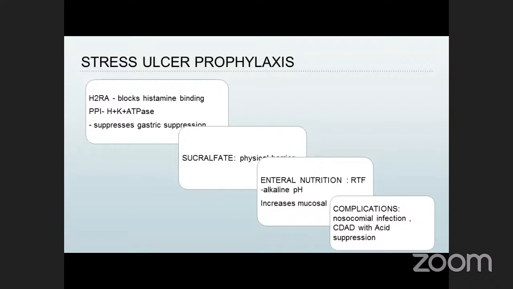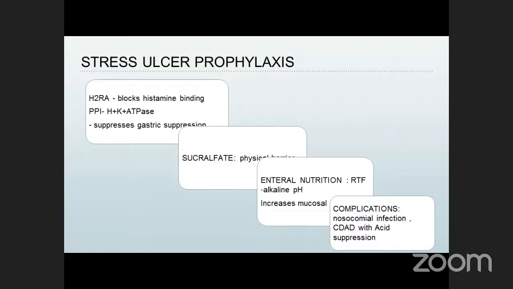mucosal denudation. RT feeds in themselves are supposed to have an alkaline pH, but moreover, they cause increased mucosal circulation, which is very much advantageous in a case of stress-related mucosal disease. Why?